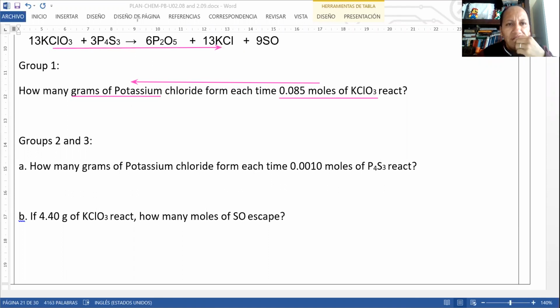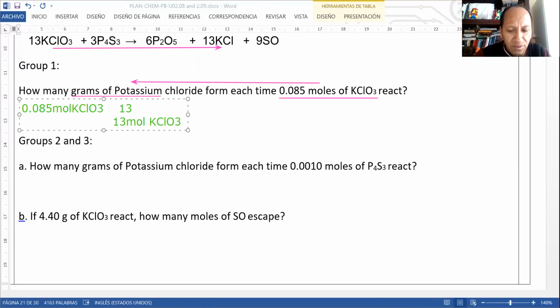Then you write 0.085 moles of KClO3, and then the conversion factor. In the lower part you put what you have from the reaction: 2 moles of KClO3, and in the upper part 2 moles of KCl according to the reaction.